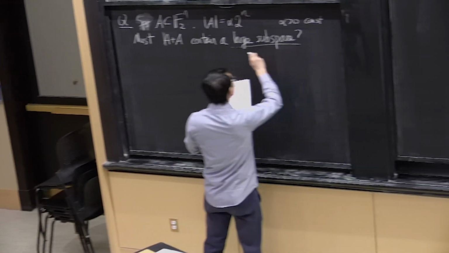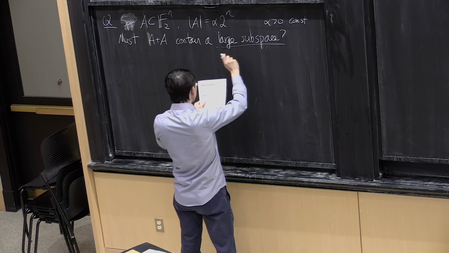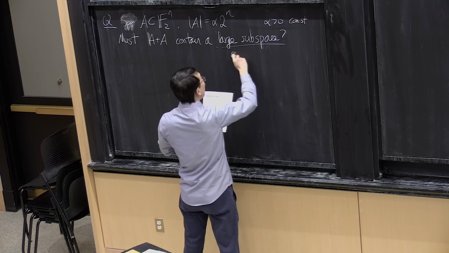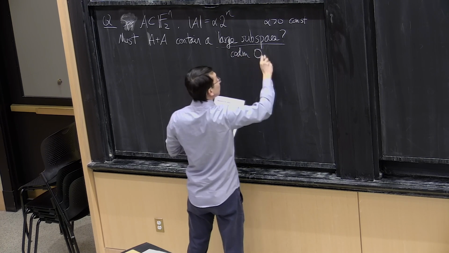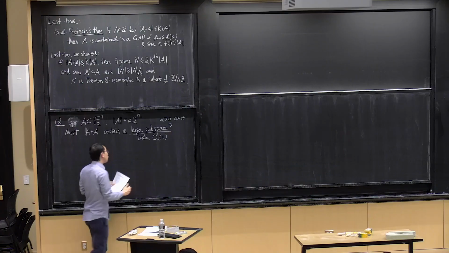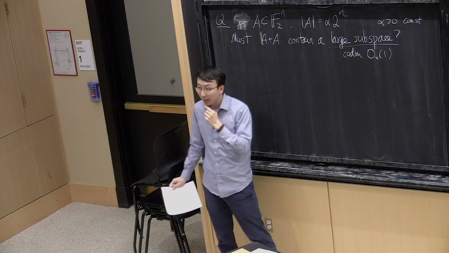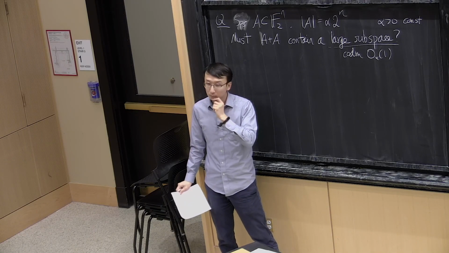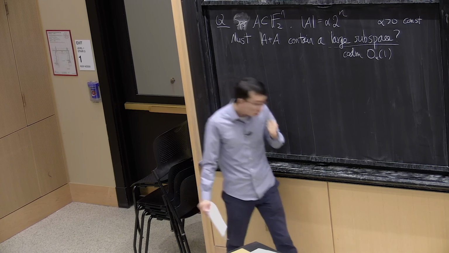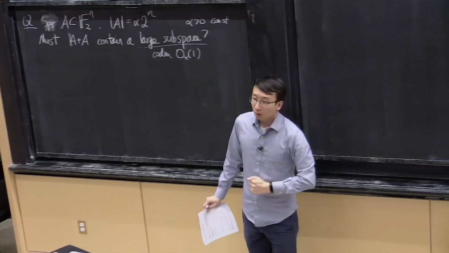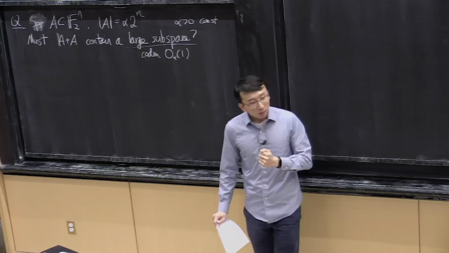So does there exist some subspace of bounded codimension? If alpha is a constant, I want a bounded codimensional subspace that lives inside A plus A. It turns out the answer is no.